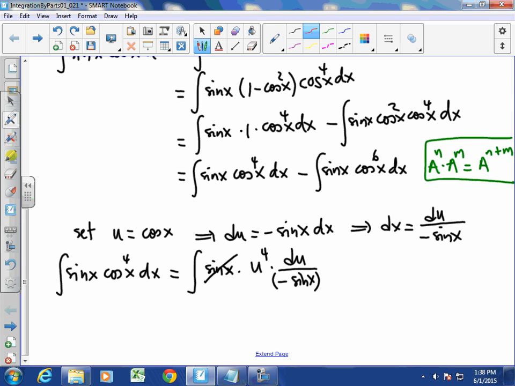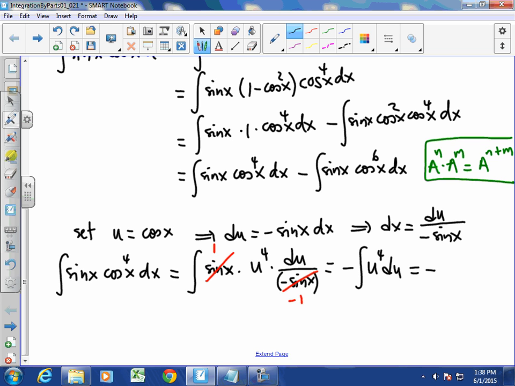See that sine x is gone. We get 1 here. We get negative 1 there. So the integral becomes negative 1, pull it out. We get integral of u to the 4th du.